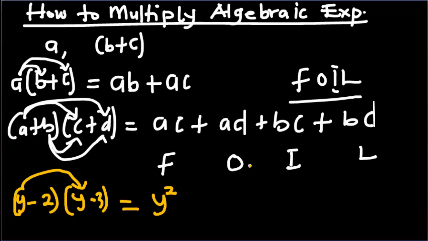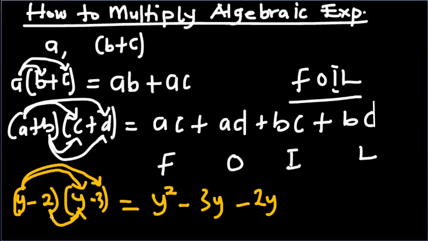Okay, then the outer terms, y multiplied by negative 3, we have negative 3y. Then the inner terms, we have negative 2 multiplied by y, we have negative 2y. Then the last terms, negative 2 multiplied by negative 3, we have plus 6.